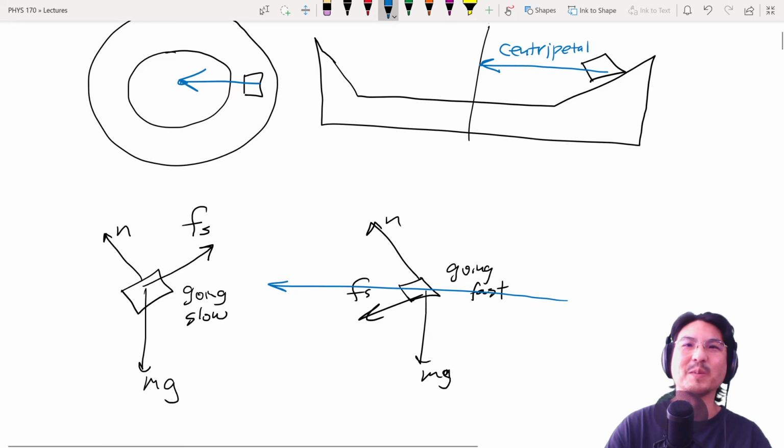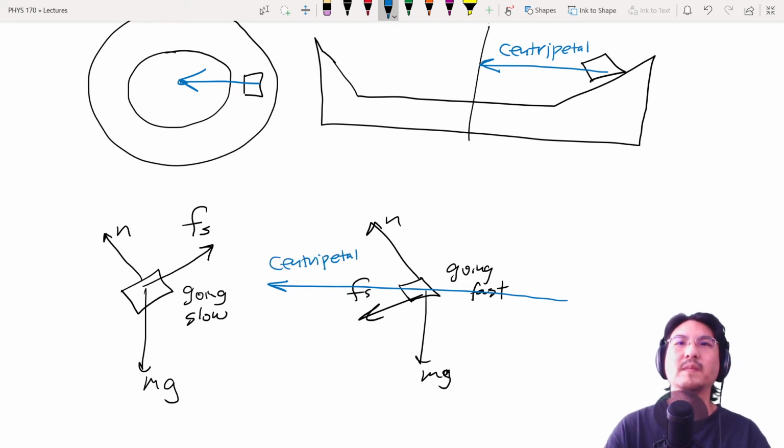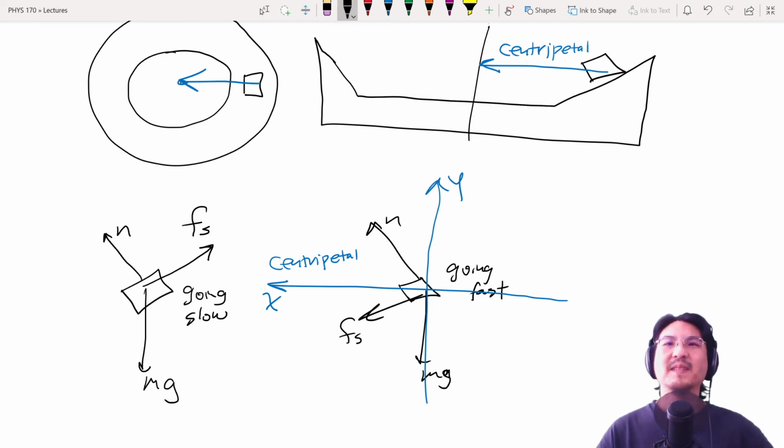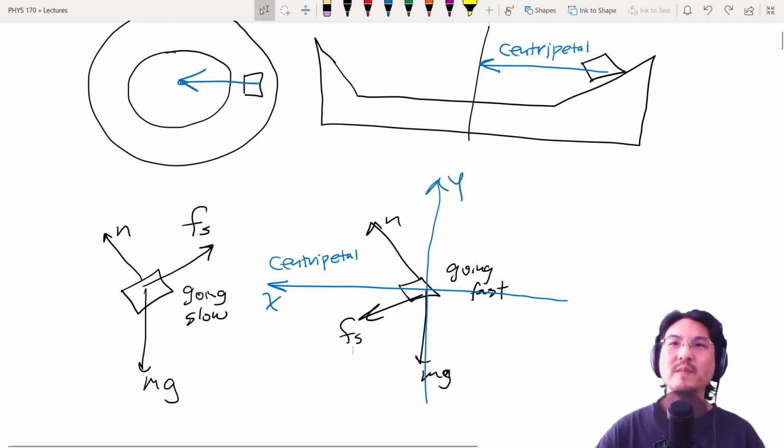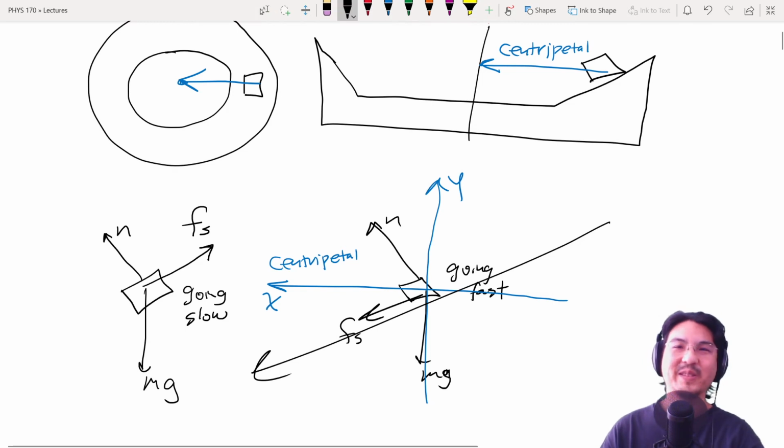I'll call that the x-axis, and then I'll pick another axis. I pick my coordinate axis so that it's in the centripetal direction, toward the center of the circle. It's not this way. Centripetal is this way.